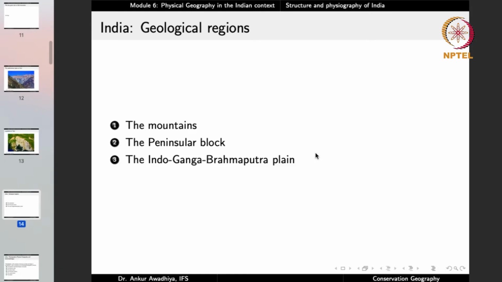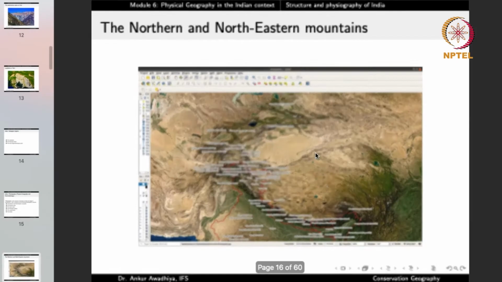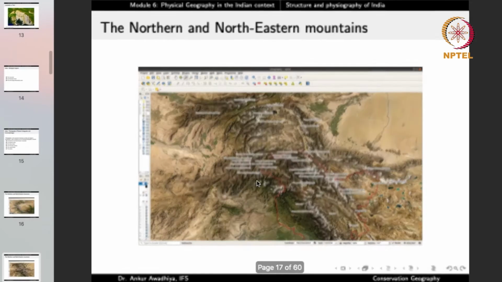So these are 3 different geological regions and these are 6 different physiographical regions. Now let us look at all of these. When we talk about the northern and northeastern mountains, we are talking about the mountains here and the mountains in the form of this arc and the mountains to the northeast of the country.